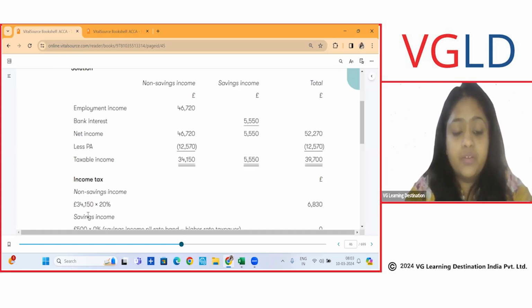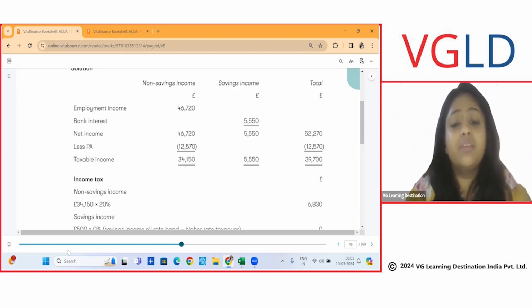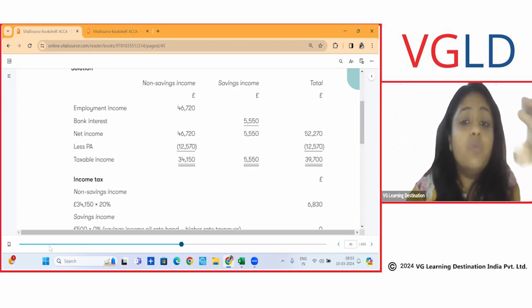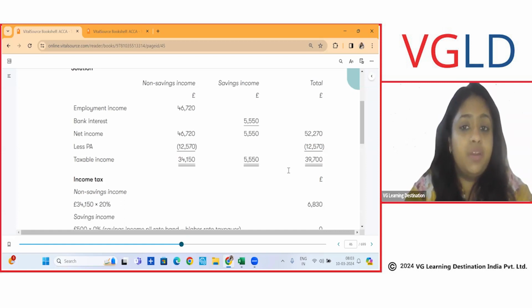Now, out of 37,700, because the basic rate band till 37,700 has a tax rate of 20%, we all know that. So we have to see how much of the basic rate band is still available. From 37,700, I will reduce 34,150 and I will also reduce 500.